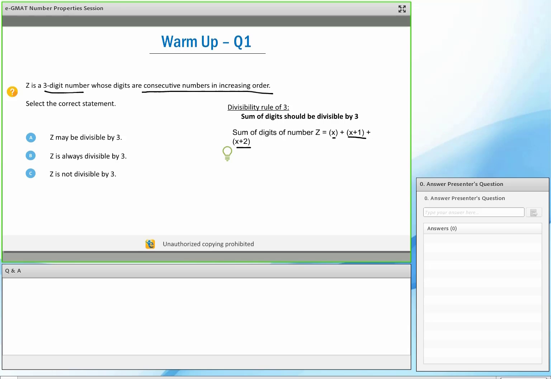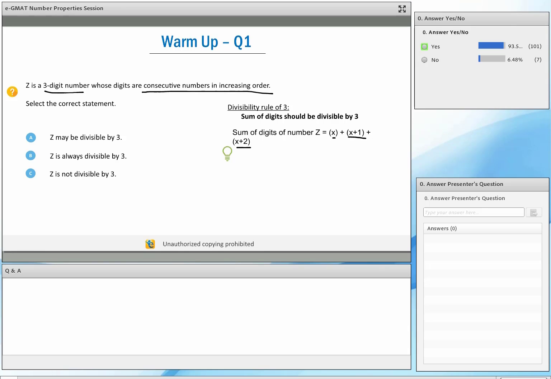Anybody has any issues with this translation? What we've done over here is we've simply taken what's given to us in the question statement and translated that into this: the hundreds digit is x, the tens is x plus 1 and then x plus 2, right? Or vice versa, it doesn't matter.